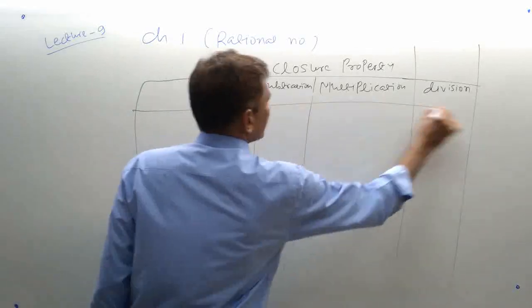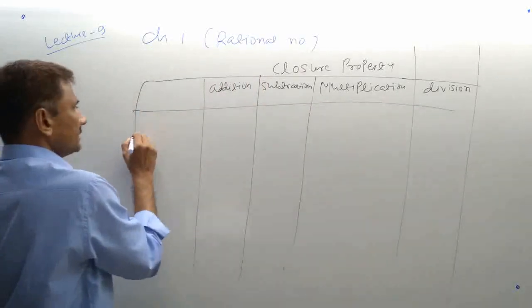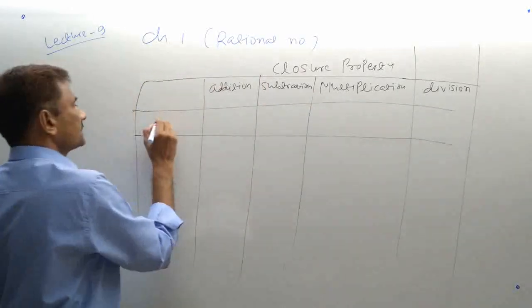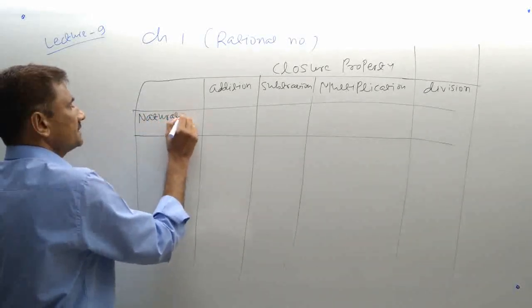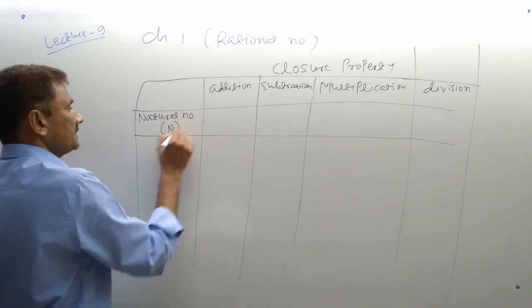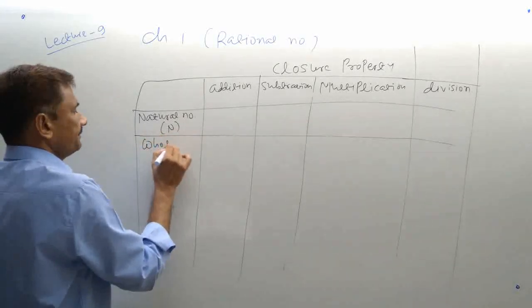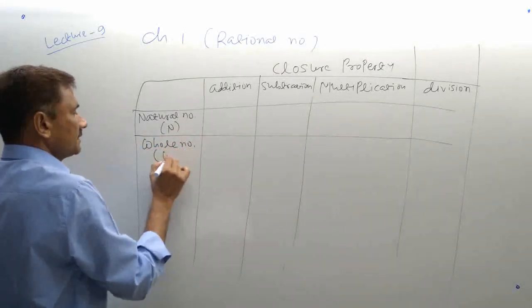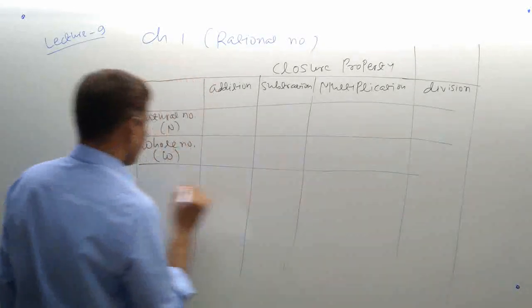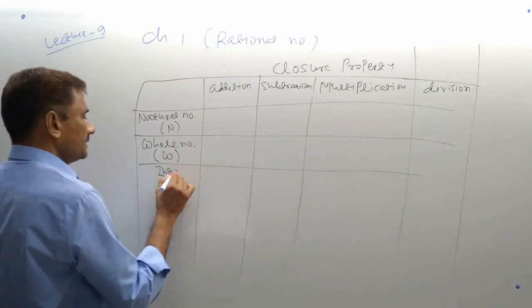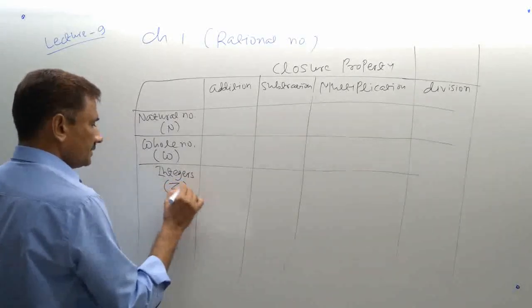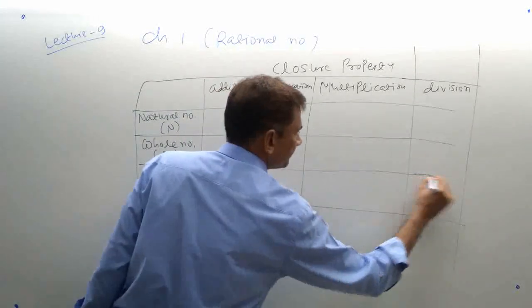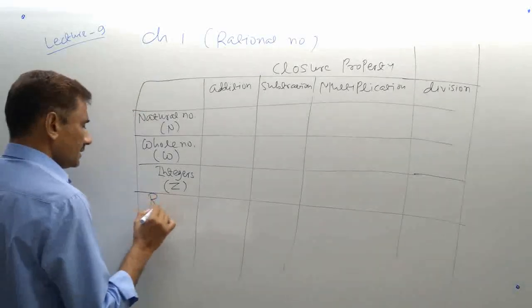Here I am taking different sets. First, N, natural numbers, meaning positive integers. Then whole numbers, W. Then integers, the symbol is Z. We already discussed everything in the first lecture. And then rational numbers, Q.